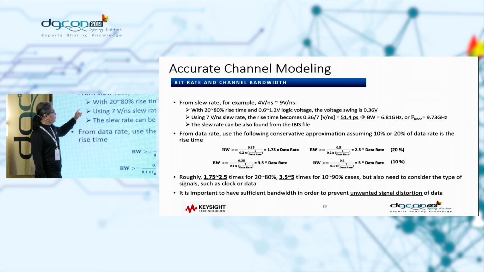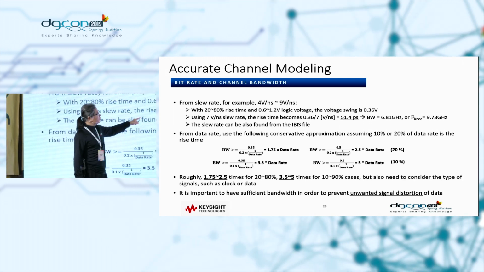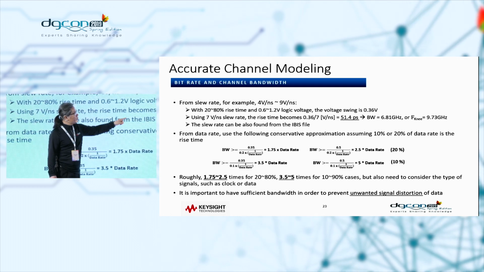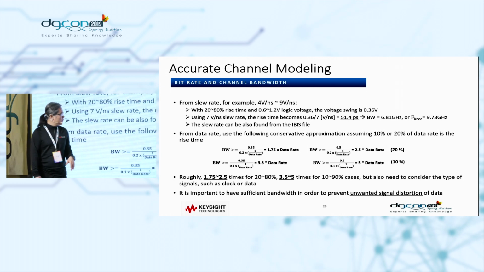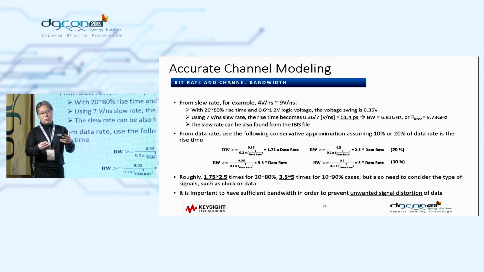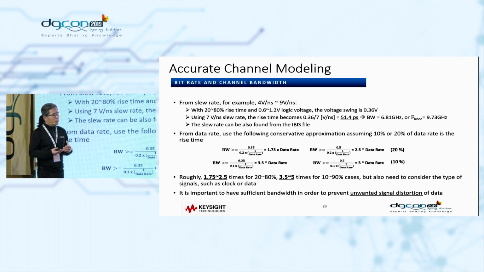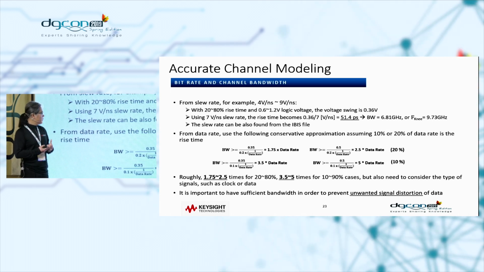You can use that to calculate the rise time. It's a pretty simple calculation, and we'll be able to get the rise time of the signal, such as 51.4 picoseconds. Based on this, you can put this number back into the bandwidth calculation. You can actually calculate the bandwidth of the channel data or knee frequency.